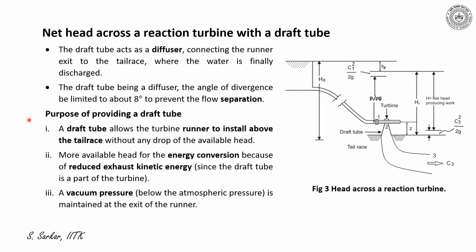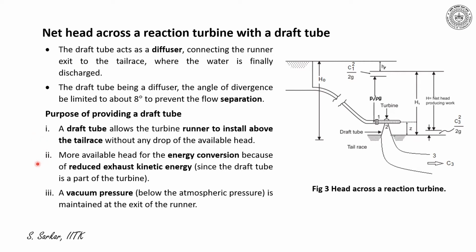The purposes of the draft tube are illustrated here in brief. The draft tube allows the runner to be installed above the tail race without any drop of available head.